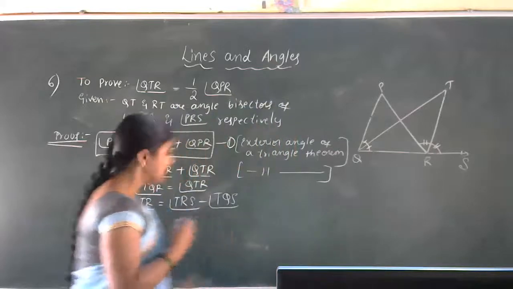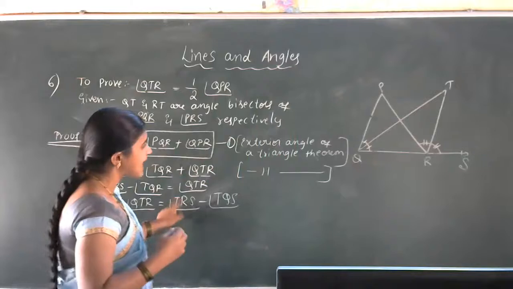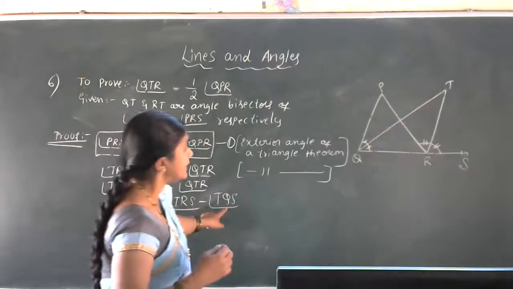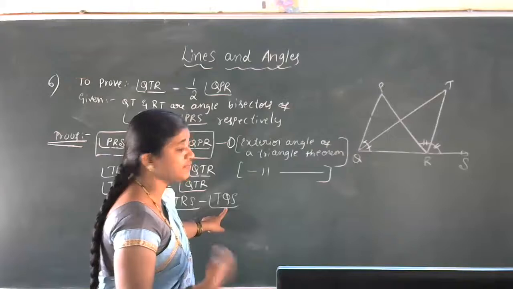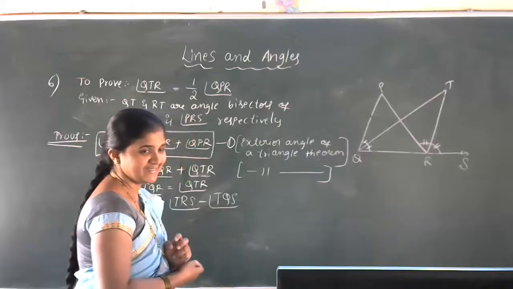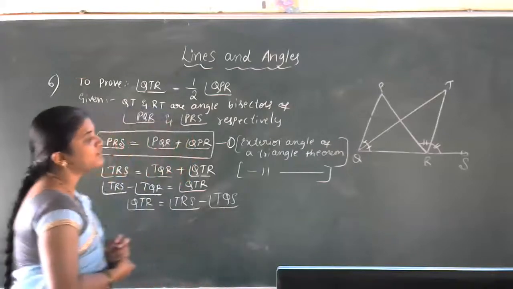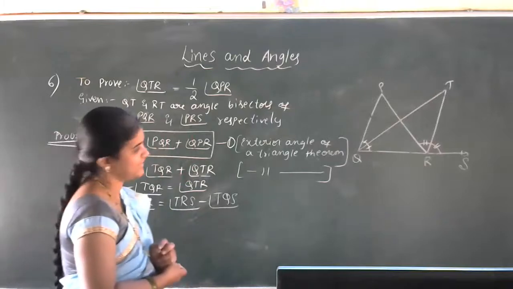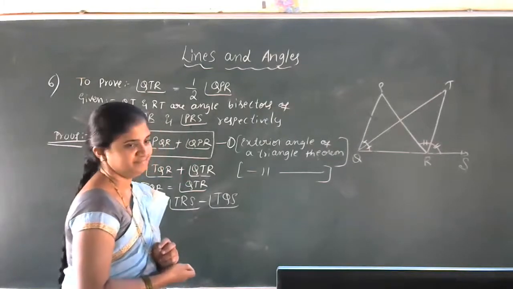Why? Now you have to help me. What can we substitute in the place of TRS? And what can we substitute in the place of TQR? Tell me fast, fatafat. You have to give me the idea. How can we write TRS? Yes, fatafat.